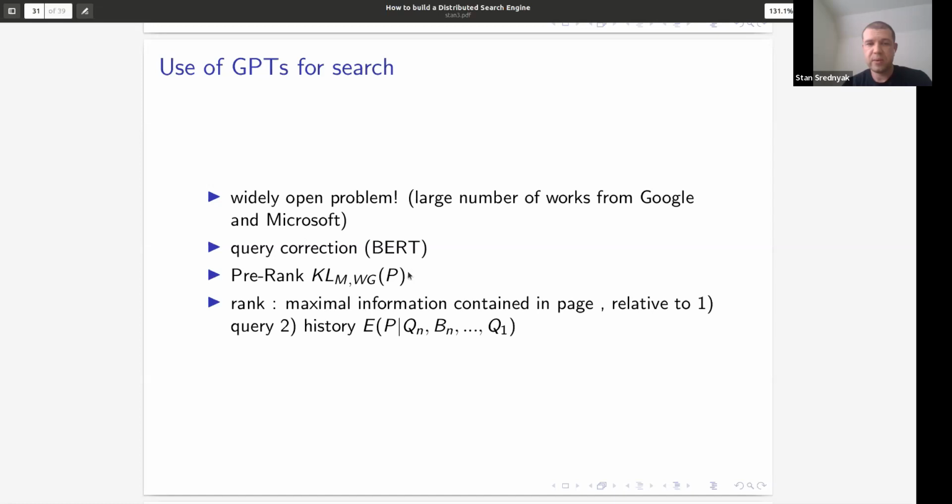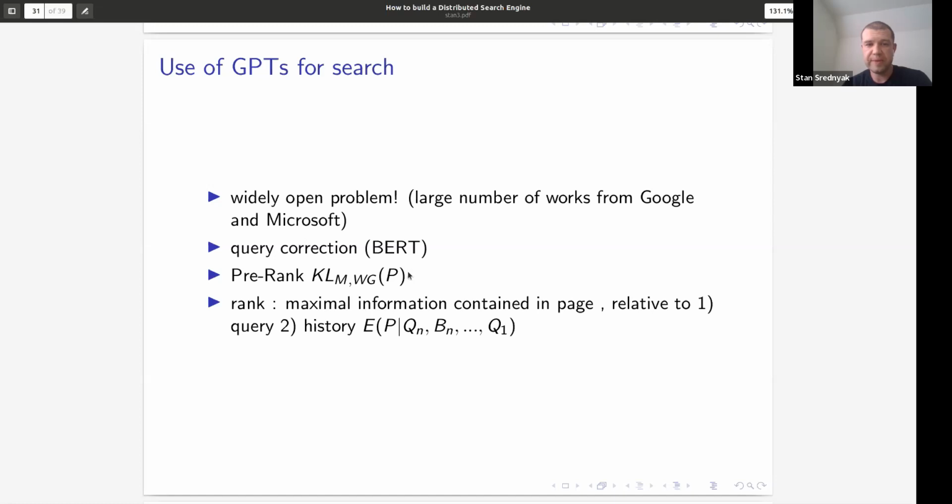On many occasions, people query for some common words, or they issue long queries. To serve this sort of queries, we have to pre-rank the pages, which we will then summarize and rank based on queries.